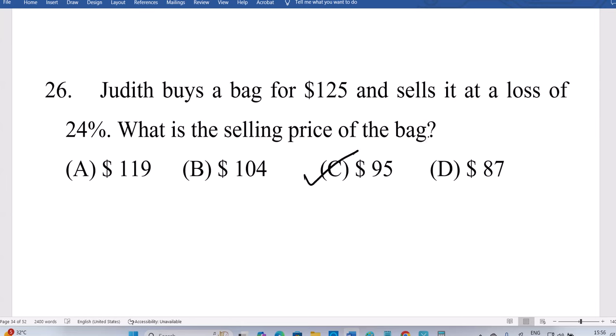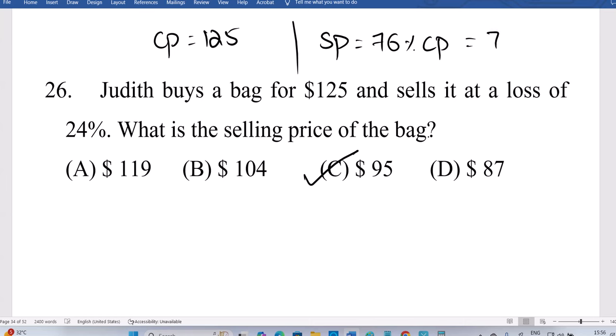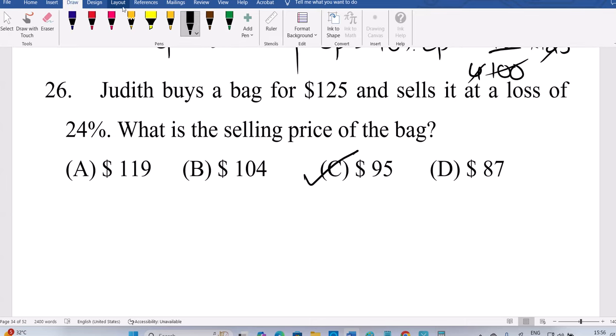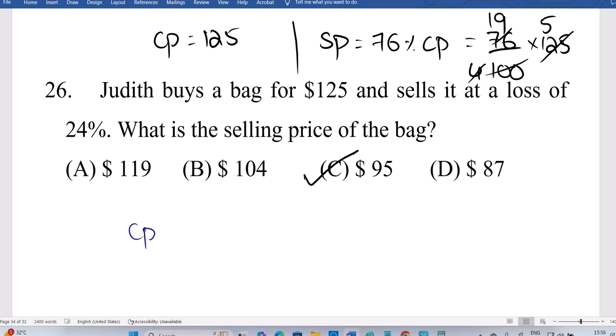$95. Okay. Yes. See, cost price is 125. Selling price is 76% because of 24% loss. 76% of cost price, 76 divided by 100, cost price is 125. This is 25 5 times, 25 4 times, 4 19s, 19 into 5 is 95. That is one method. The other way of solving the same question: cost price is 125, selling price is less because we have a loss.